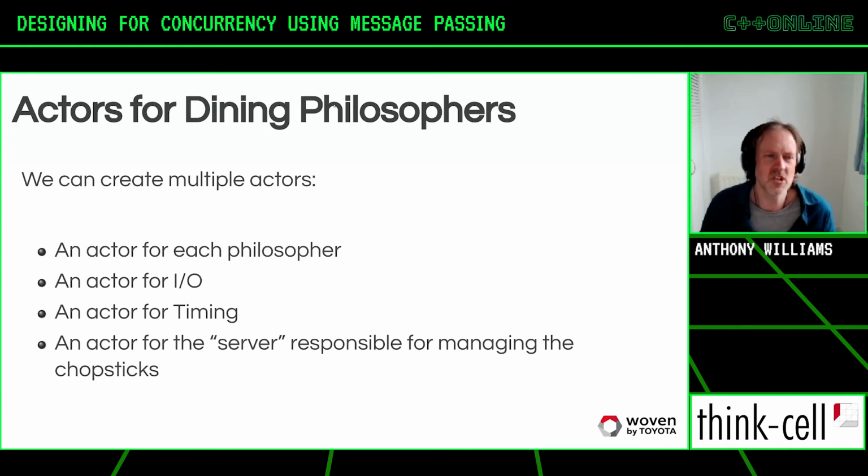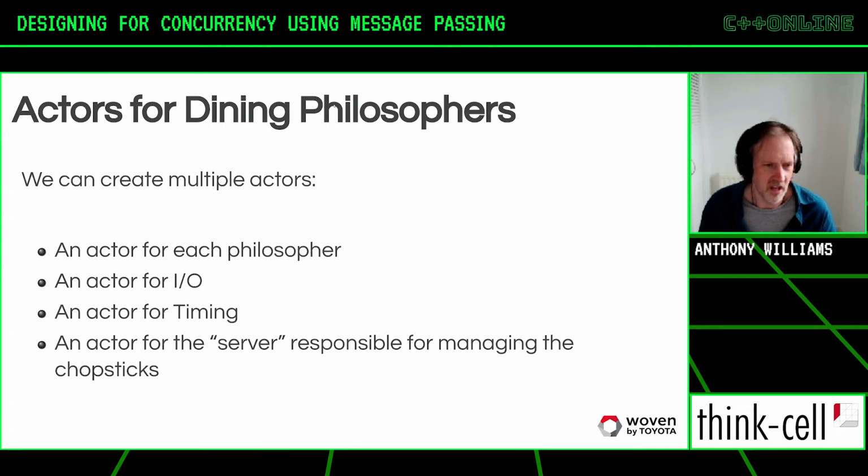So one potential way to do this is to have multiple actors, multiple microservices, one for each philosopher. We have a separate one for I/O, because I/O is commonly blocking, and we don't want to interrupt our philosophers thinking or eating just to print messages.